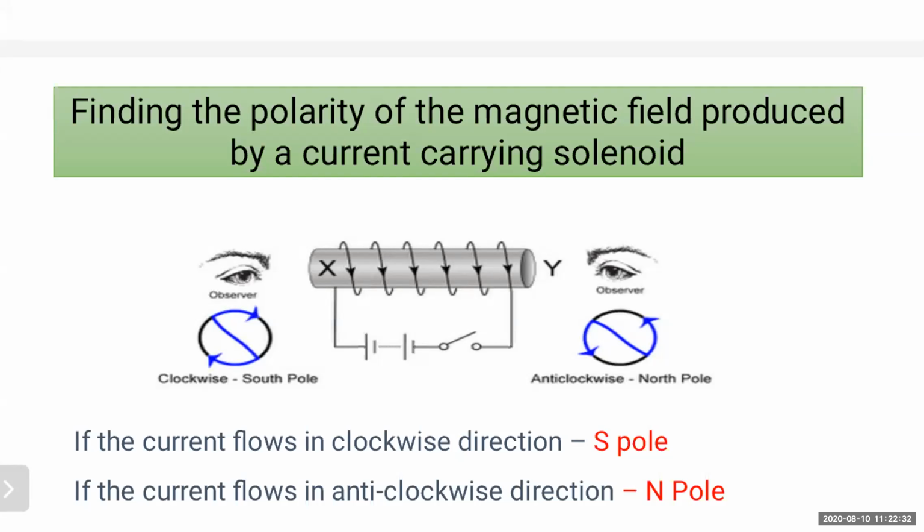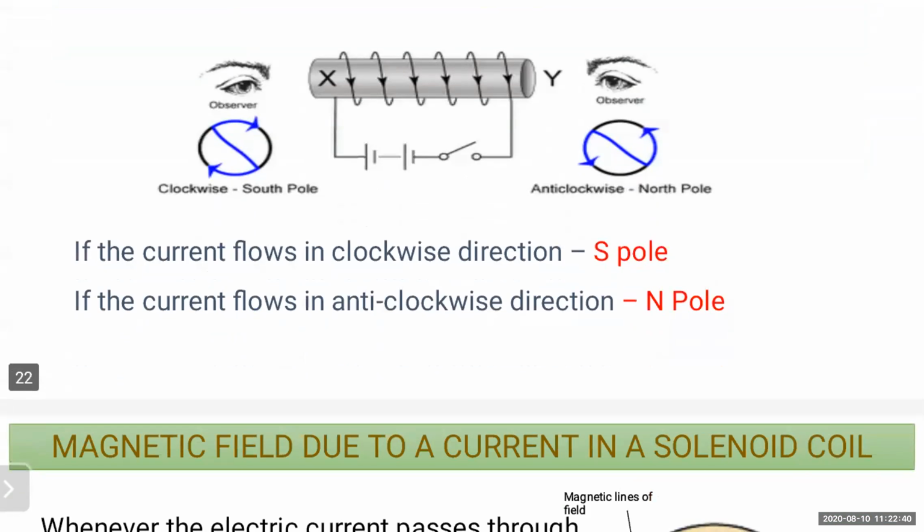Remember these two points. Clockwise, there is S, right? So S is the south pole, anti-clockwise, N.